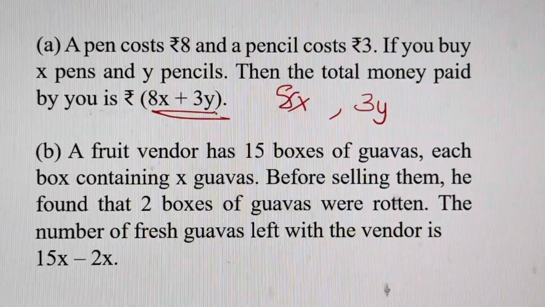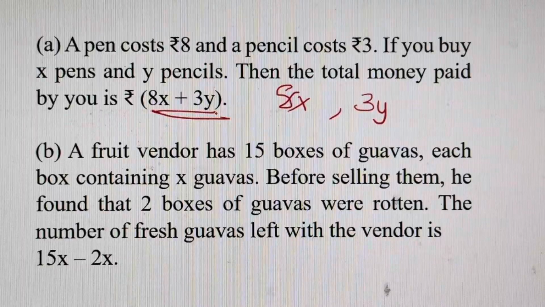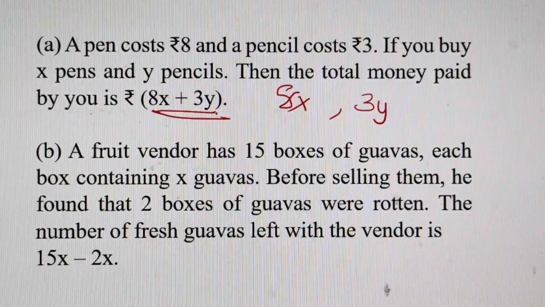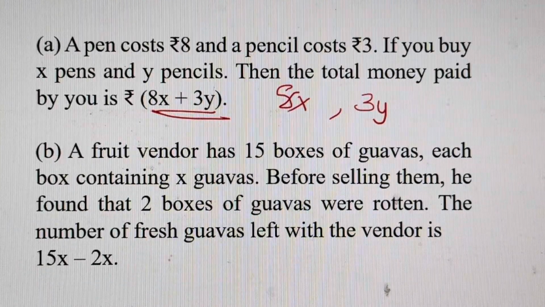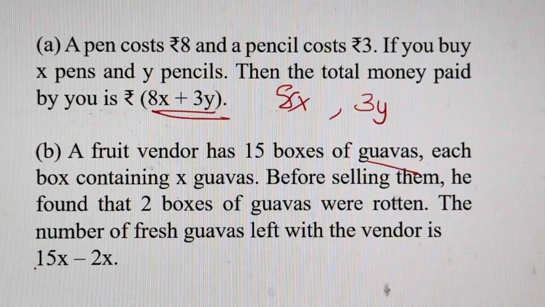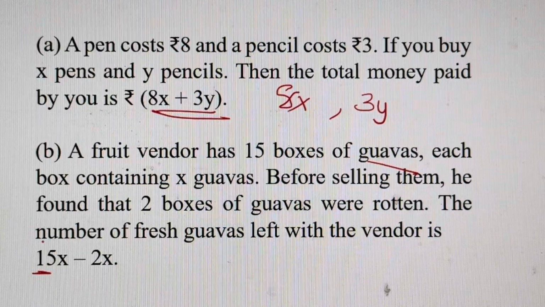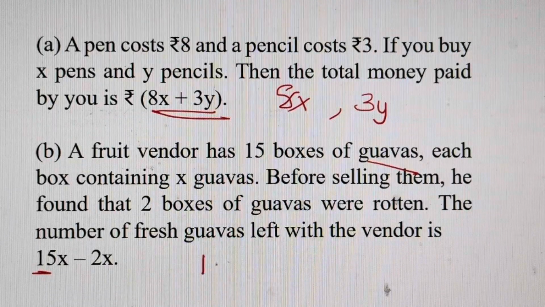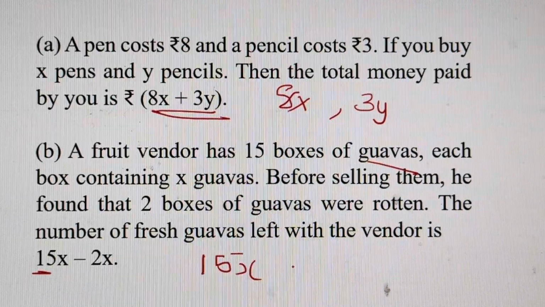Second is 15x minus 2x. Now here the quantities are the same, because the variable is the same, x and x. So we can write like a fruit vendor has 15 boxes of guavas. For this number 15, we write 15 boxes and each box contains x guavas for the variable. So 15 into x is 15x.